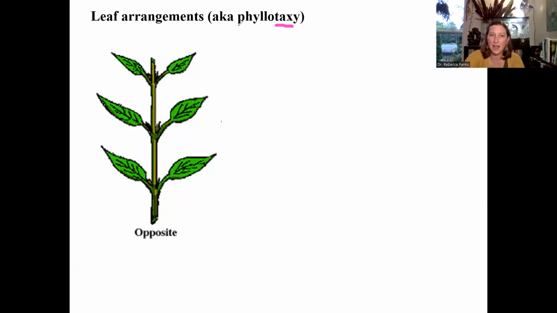And I think it was last class that I said phyll refers to a leaf. So this is basically the classification for leaf arrangements. Leaf arrangements is fine for you to say. Different species of plants have different leaf arrangements.